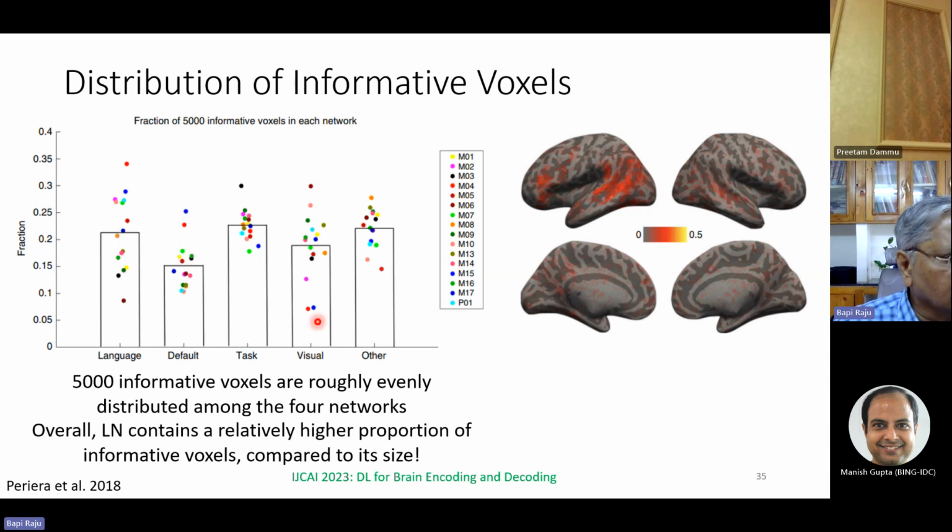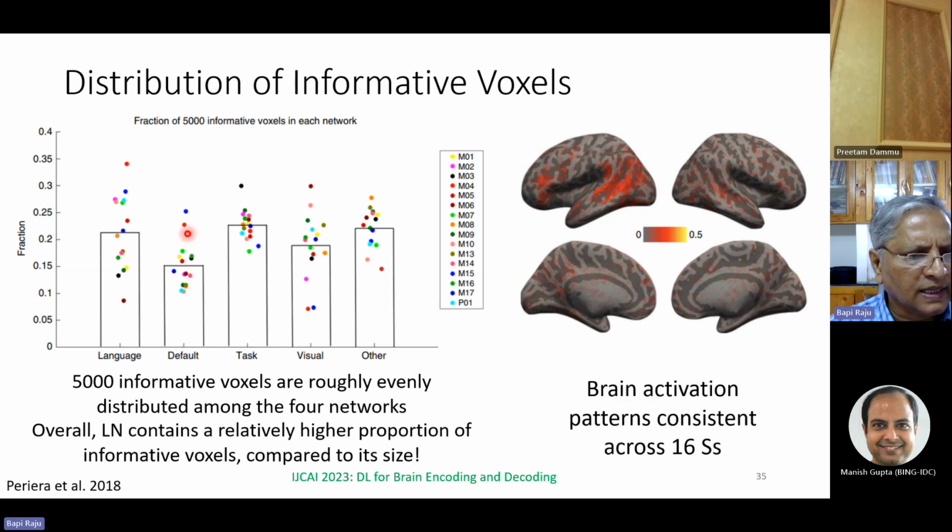And another fact is that visual, task, and default mode are large networks. The brain areas associated with them are large. Even though the language network by its size is small, its contribution to this linguistic decoding is high, as can be expected.